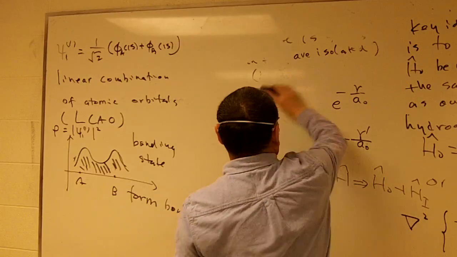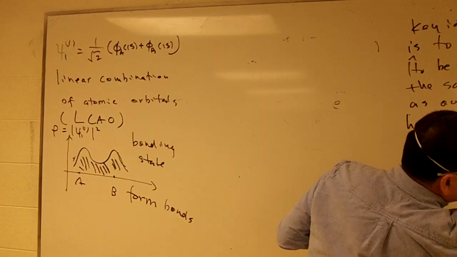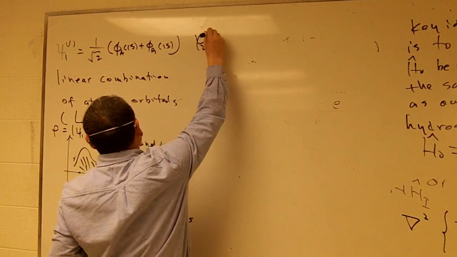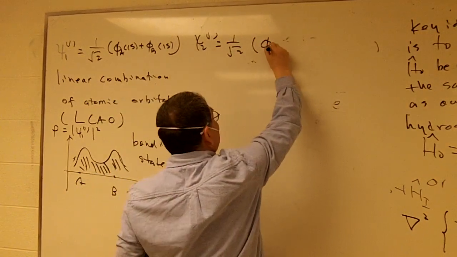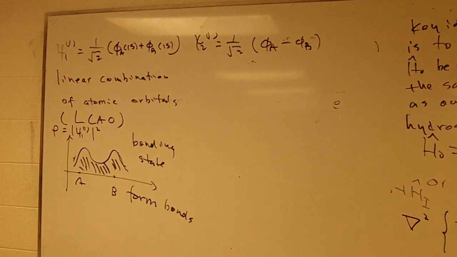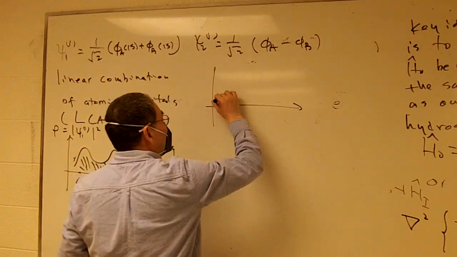Now we have another state, over here. Did you see we have a negative sign there? Another state, psi 2, 1, and we have phi A minus phi B. In this case, the density looks like this.